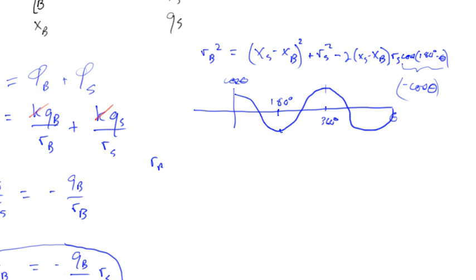I get RB squared is equal to XS minus XB. Just copy it down. Oh, and you know what? I might as well make both substitutions at the same time.